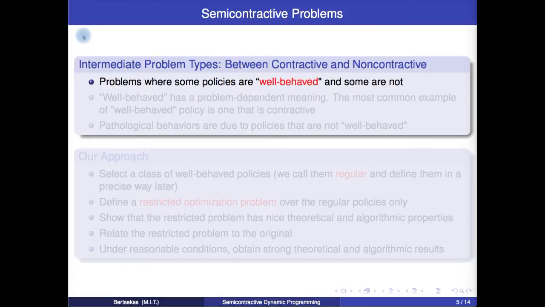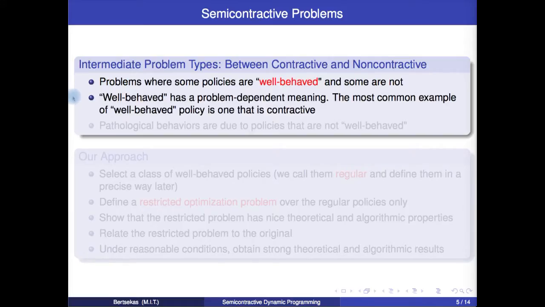In this lecture series, we're going to focus on semi-contractive problems. These are intermediate between contractive problems and non-contractive, and their characteristic is that some policies in these problems are well behaved and some are not. Now, the meaning of well behaved depends on the problem.